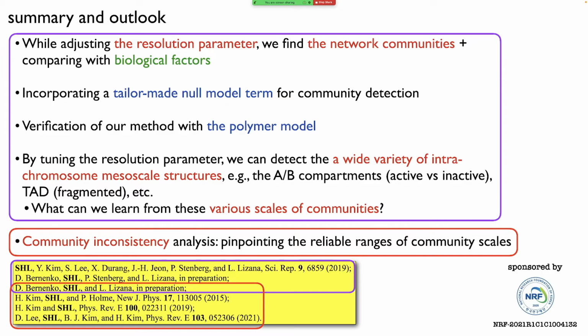And finally, as an ongoing work, I presented the overlapping part, combining the two: the high-C data analysis in terms of community inconsistency to narrow down the meaningful ranges of gamma, which is especially important in biological data with many unknown pieces.